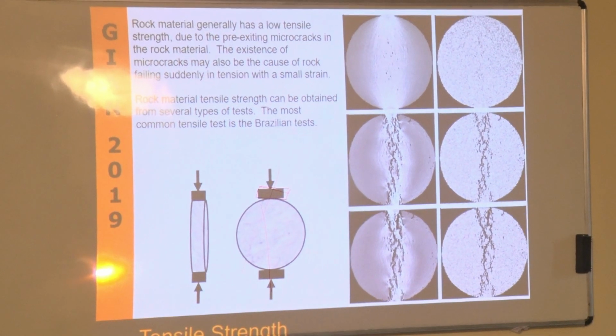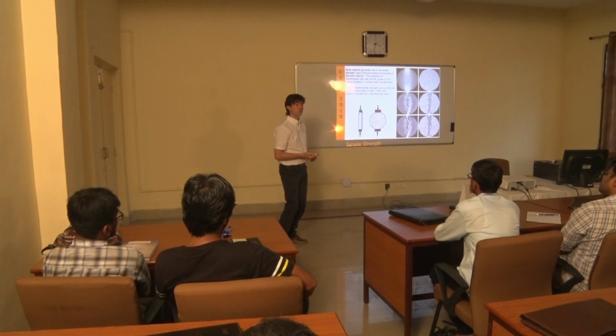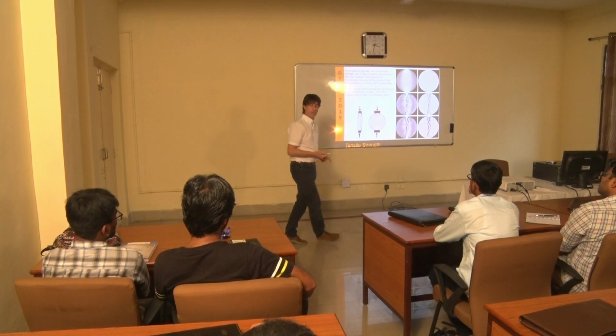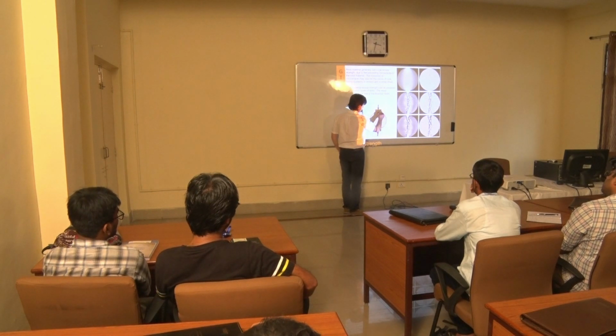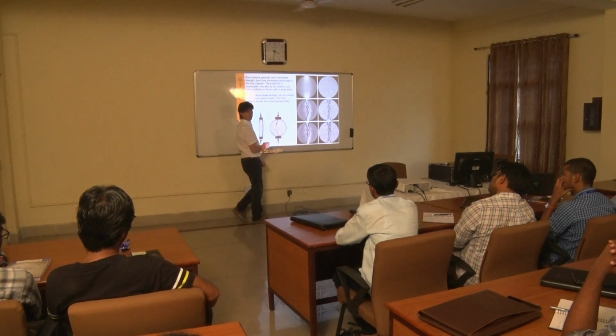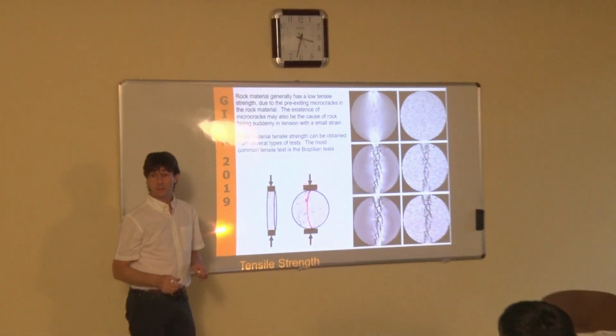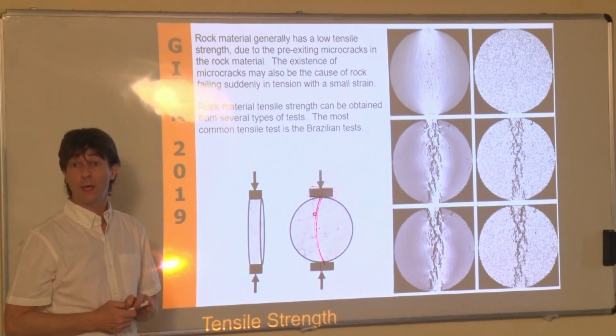That is going to create a big problem, because apparently the sample seems right, but in reality the results are wrong. What you obtain is a failure that doesn't start from the center, it starts from somewhere there and propagates towards the platens. So it's extremely difficult to actually identify.